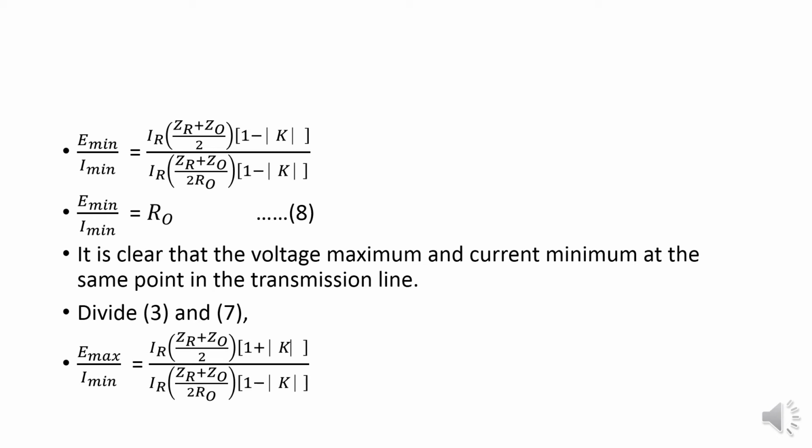So E max divided by I minimum will be equal to IR into (ZR plus Z0) divided by 2 into (1 plus modulus of K) divided by IR into (ZR plus Z0) divided by 2 R naught into (1 minus modulus of K). Then E max divided by I minimum will be equal to R naught into (1 plus modulus of K) divided by (1 minus modulus of K).